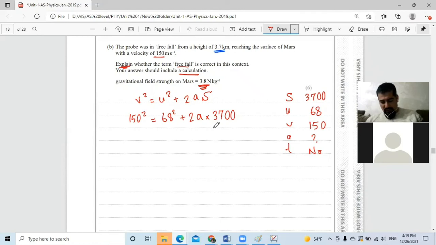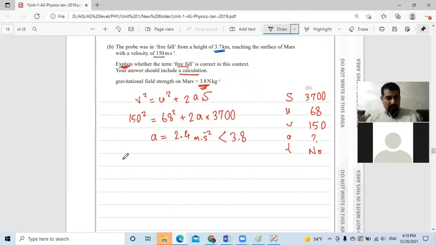By using the calculator, we find that the acceleration is 2.4 meters per second squared. And this 2.4 is less than 3.8.